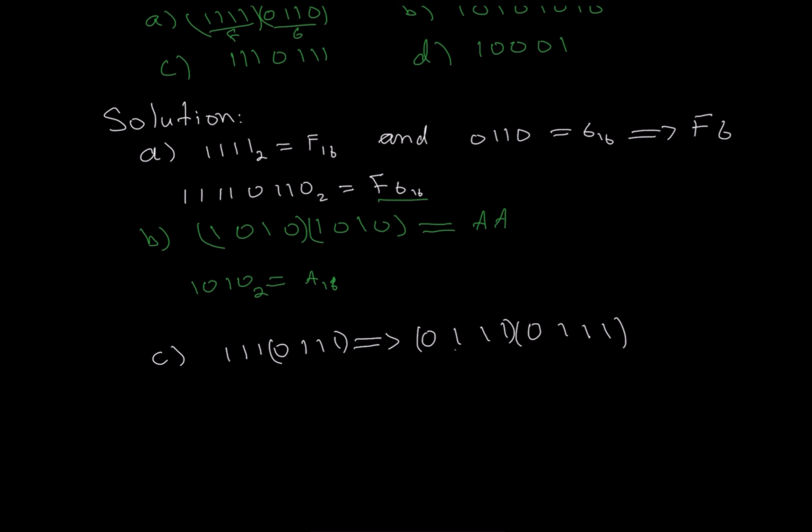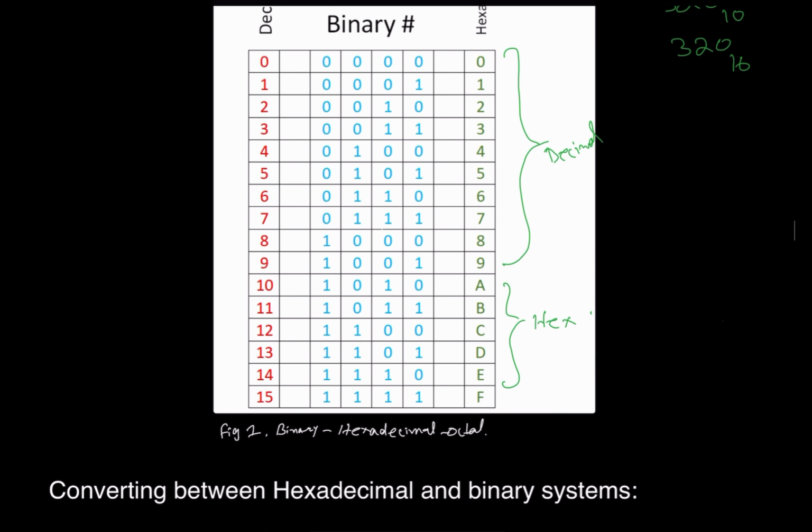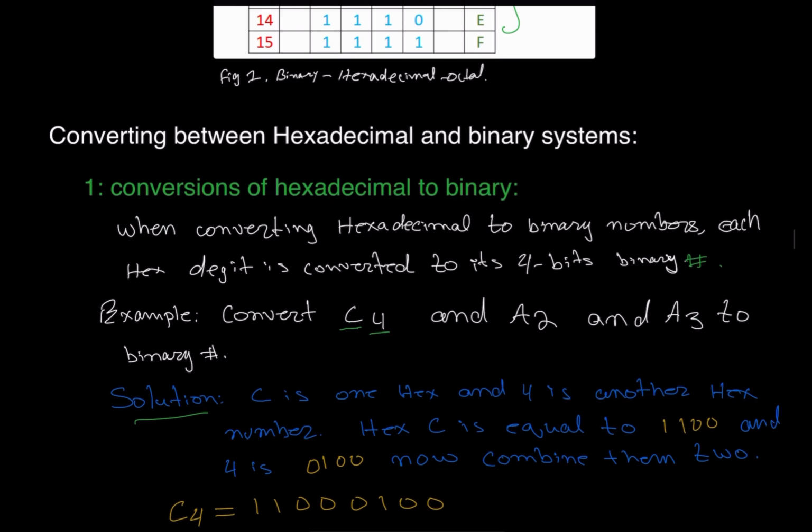So this binary number is representing 7 in decimal, so it will be representing 7 in hexadecimal. Let's check it. I got the answer 77 base 16. Going to that table, it was 0 1 1 1 0 1 1 1, so it will be 7 and 7, base 16.